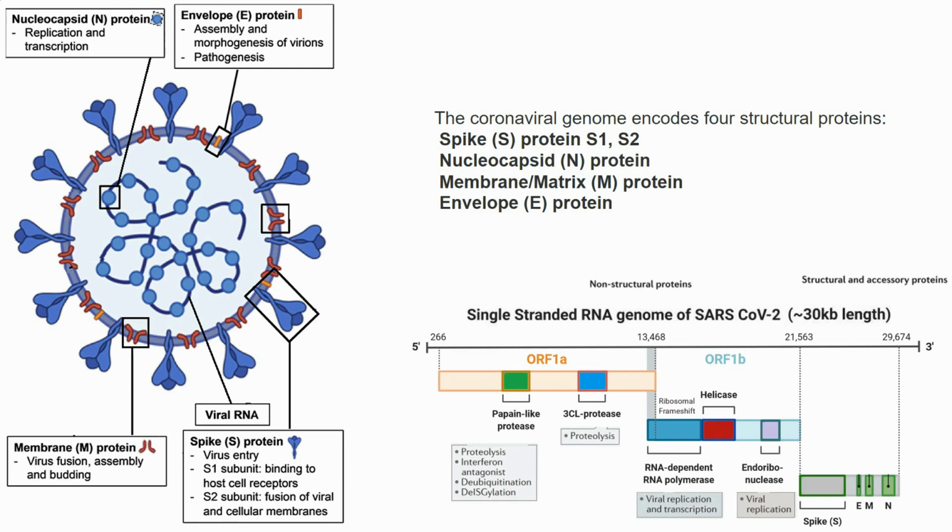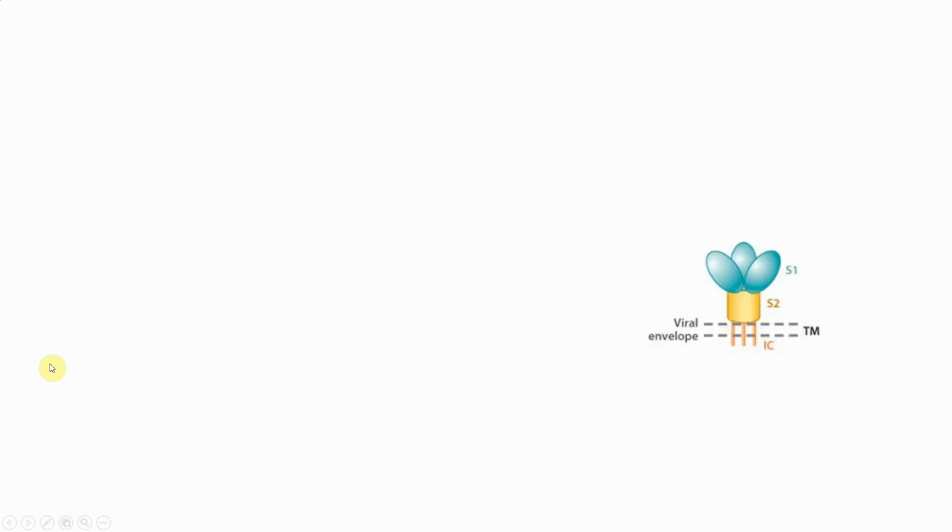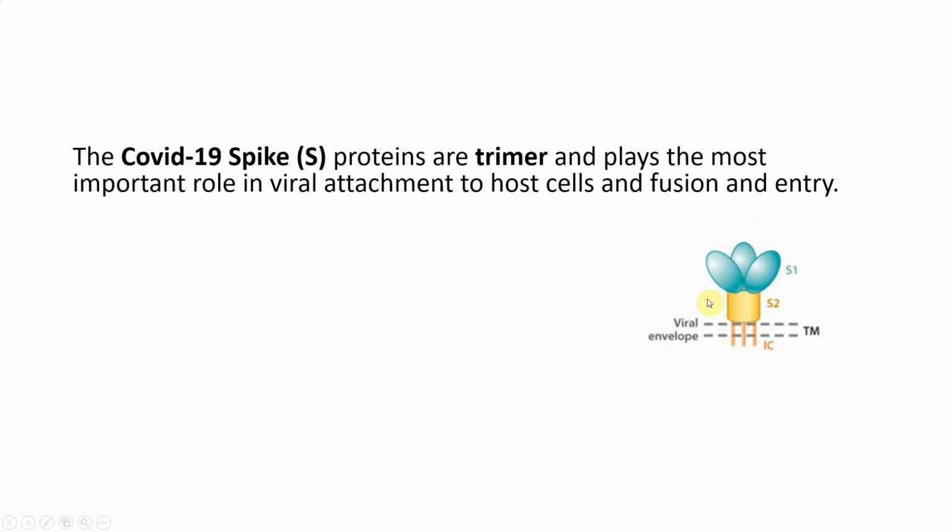As you see, this page is the overall summary of the structural proteins of COVID-19. In the membrane of COVID-19, there is the outer spike, which is a trimer and plays the most important role in viral attachment to the host cell and fusion.